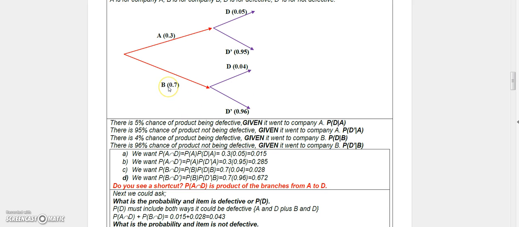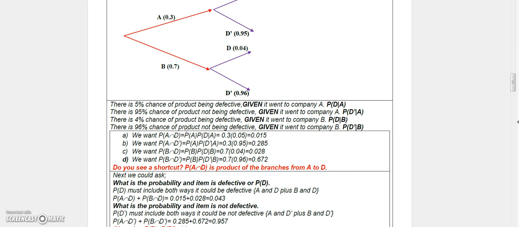And if we want the probability of B intersect not D, we take 0.7 times 0.96. So even though I used formulas here, it's actually just multiplying the appropriate branches together to get these probabilities of the intersections. Long story short, if I want the probability of A and D occurring, I just multiply these two branches together. And similarly for the others.